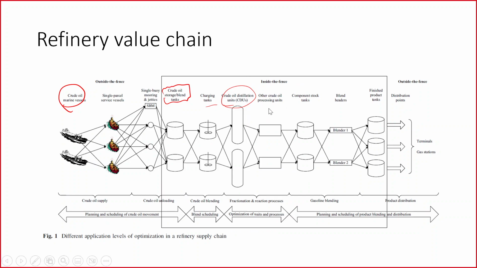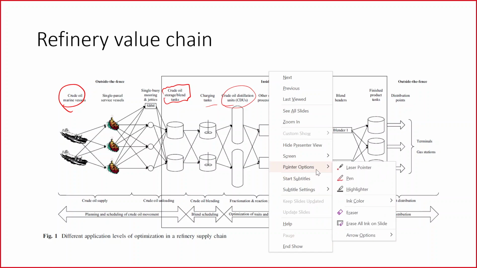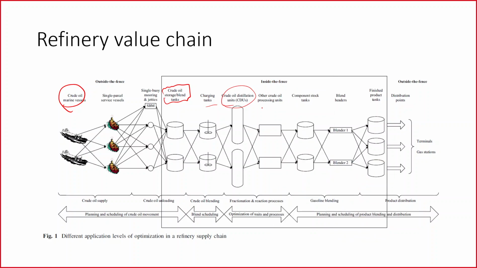And then we have the other unit operations, and finally the intermediate tanks, and then we have a blending operation so that we can blend all of these streams into products that meet the specifications required by either government or the industry's needs.